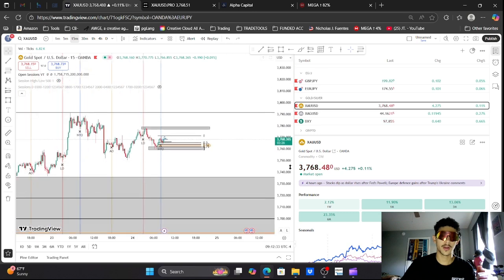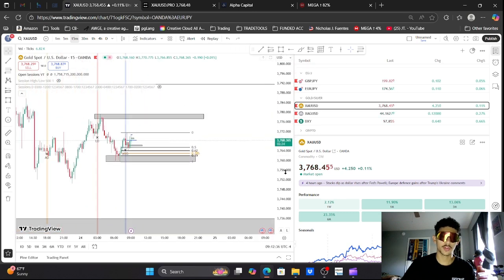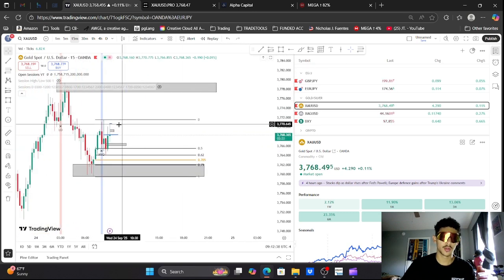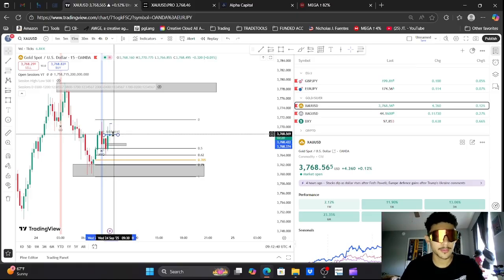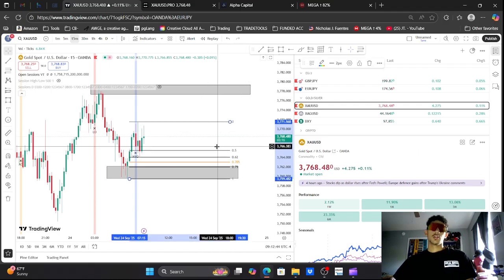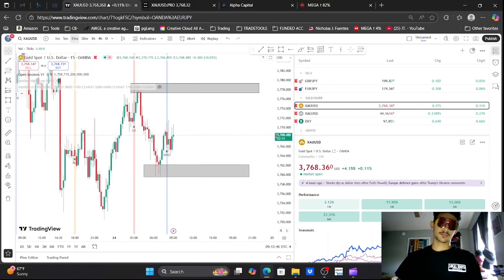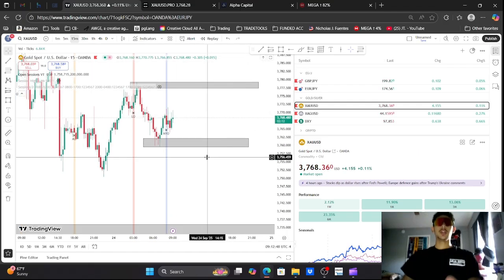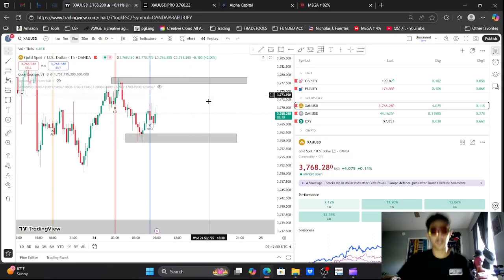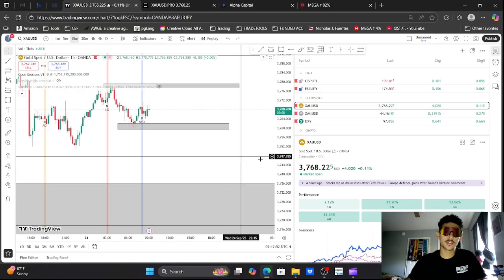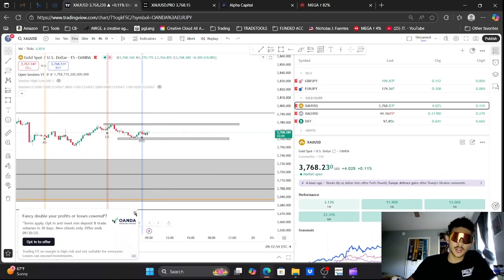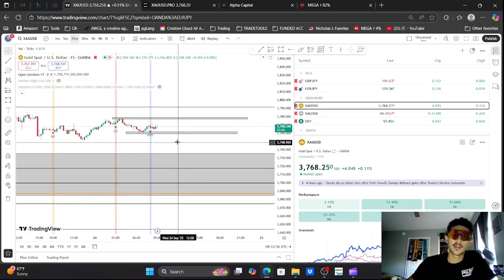So we very well might want to push price down. We very, very, very well might. It might be New York continuation, London session reversal, New York continuation towards this huge imbalance, daily imbalance, as well as high time frame OTE.